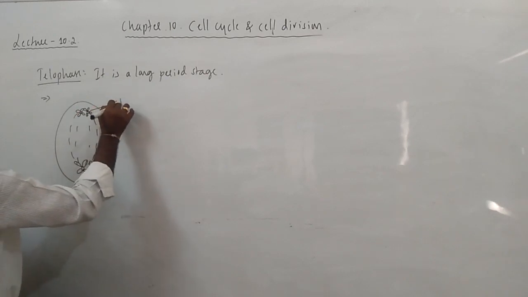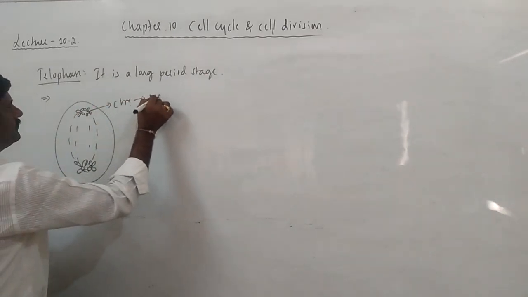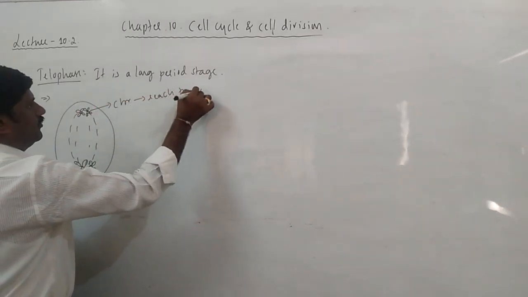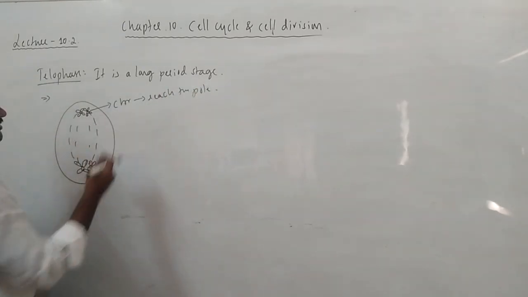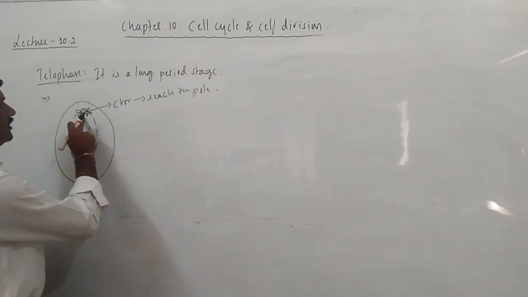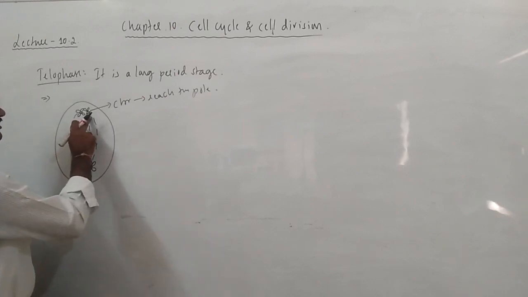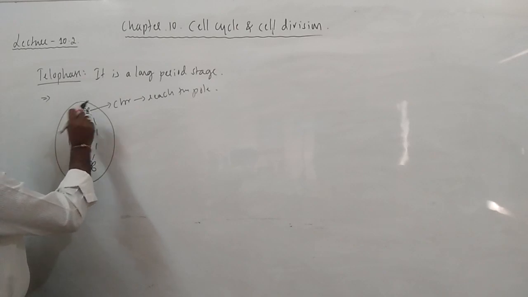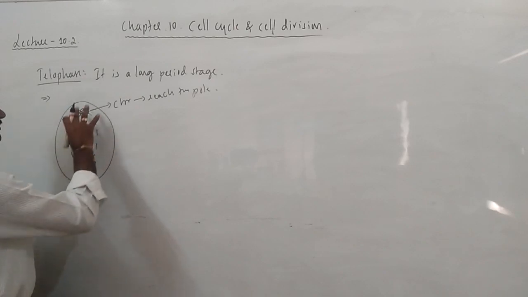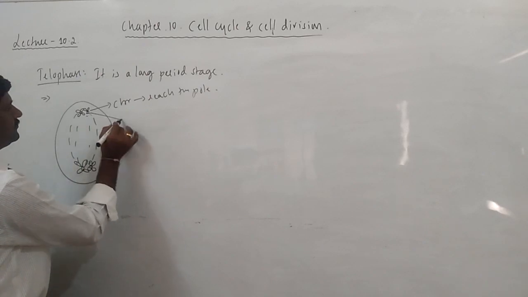Ultimately the chromosomes reach the poles, and they start to uncoil themselves. The condensed thread-like structures, the chromosomes, start to uncoil.